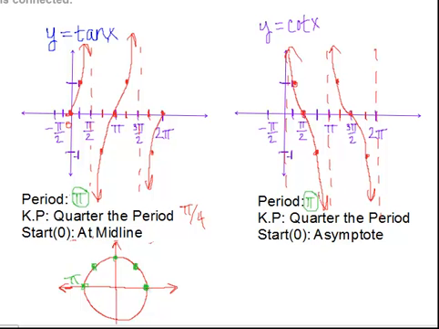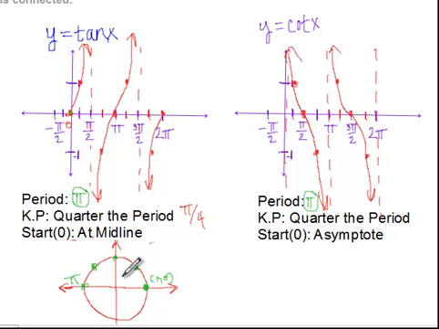So here, what is this point right here? It's 1 comma 0. So if you were to take the y over the x, it would be 0 over 1. So for tangent of 0, what is that y value? What's that output? It's going to be 0. So that's why we start at the midline.